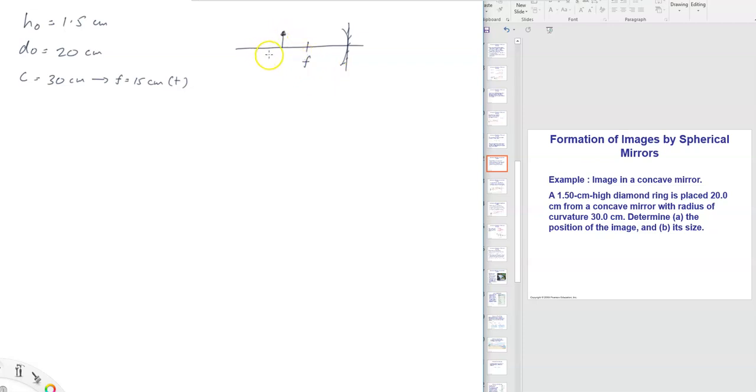So it's outside the focal length, so this should create a real image. Alright, let's see. If it is inside, it creates virtual images, and it's going to be upside down, so it's something like this. It looks like it's creating a large inverted image. Alright, let's do the math and find out.